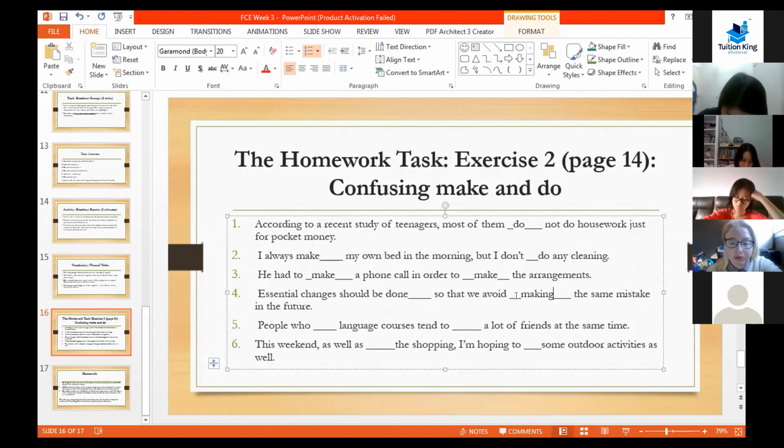And usually if we use a verb as a subject or an object phrase, we put it in the ing form. And I suspect at some point we will have a lesson on that. So don't worry too much if you didn't know that. Okay, so people who something language courses.